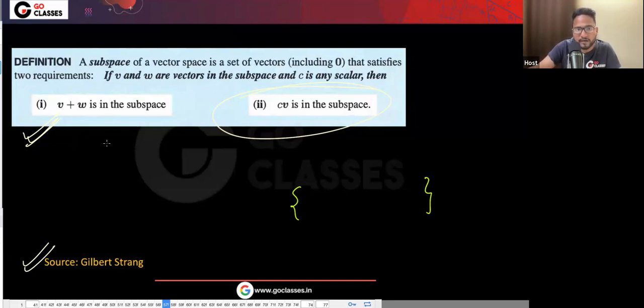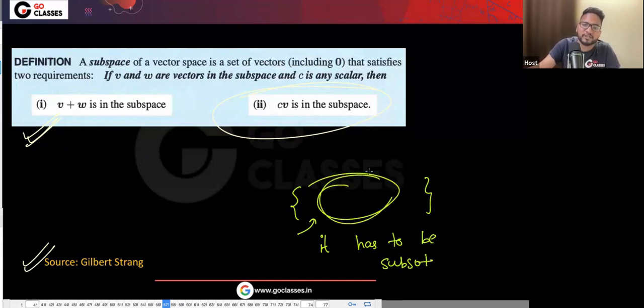I think they might have written it later on, but I have not taken the screenshot. And again, any two vectors' linear combination must be in the same set. I mean, it has to be a vector space. Subset plus vector space.